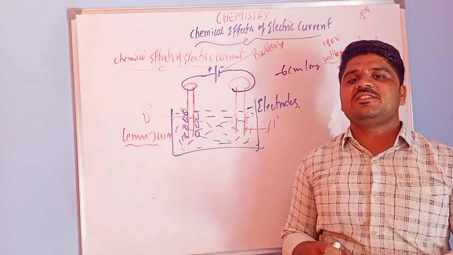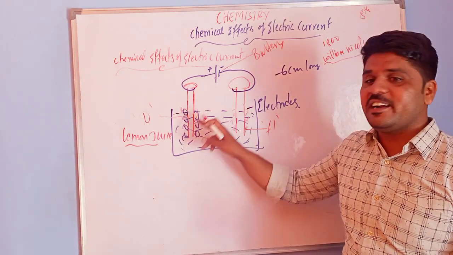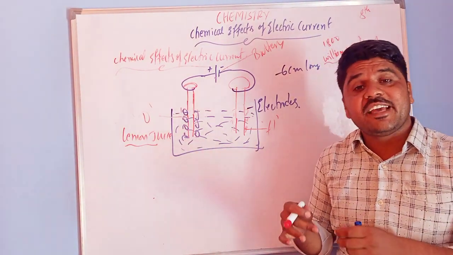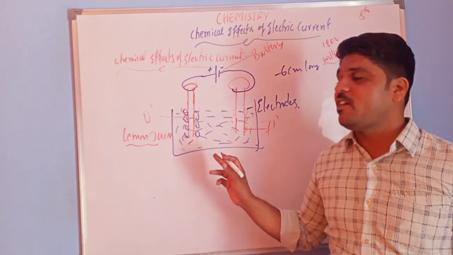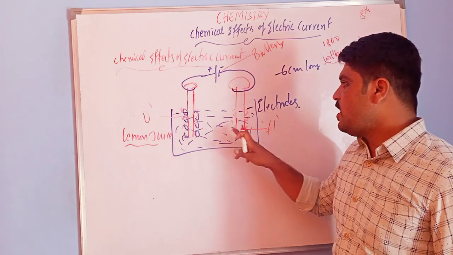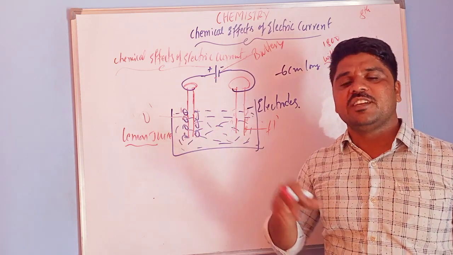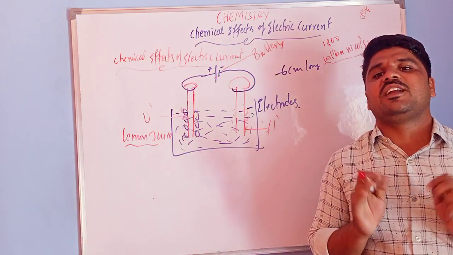The passage of an electric current through a conducting solution causes a chemical reaction. That means formation of oxygen bubbles and hydrogen bubbles. That chemical change we call a chemical reaction.